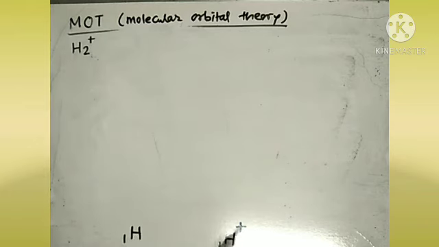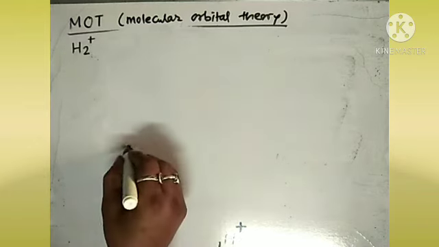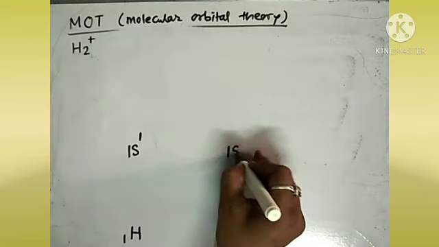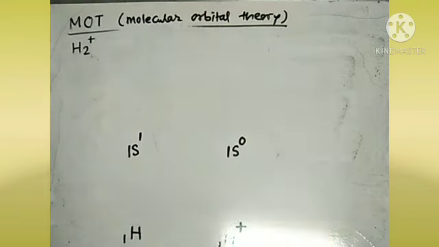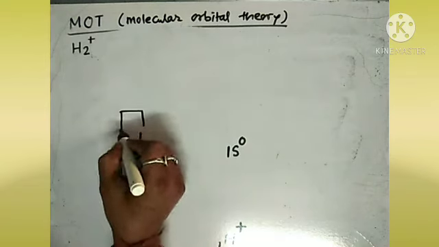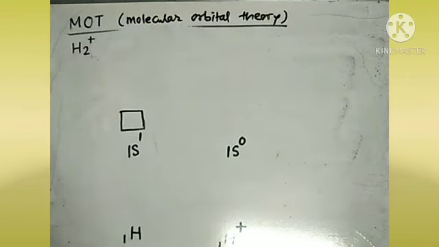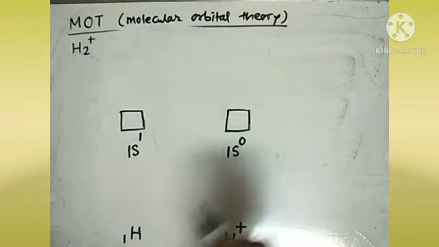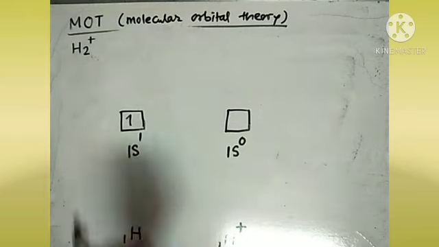Let's see what the configuration is here. Here we have 1s1, and here it is 1s0, because no electron is there, because it is carrying a positive charge. So one box is located, this is the atomic orbital, and here we have one more atomic orbital. One electron is there.